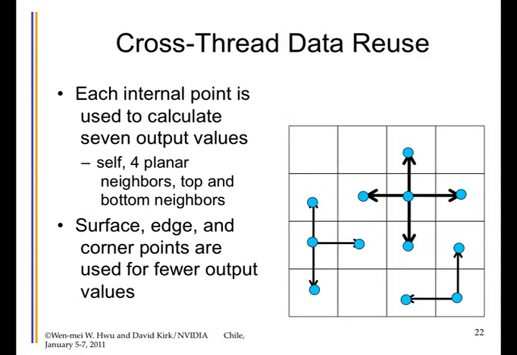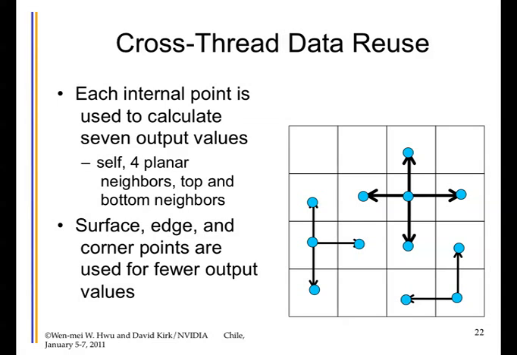Make sense? When that happens, we can actually just load all the elements in that horizontal plane once and have all the threads who want to use a particular element, which means 4 of them, enjoy that element, right? So this allows us to reuse the data 4 times.